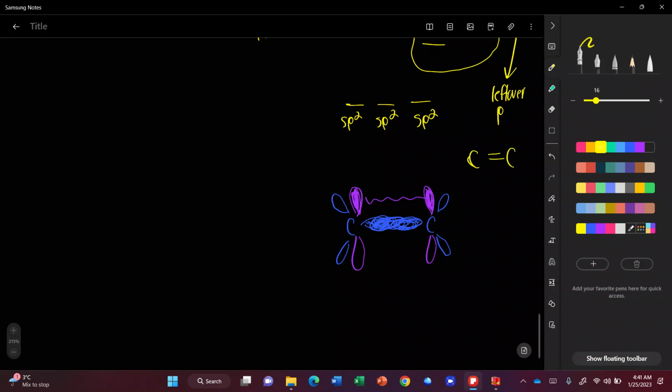The first bond is the sigma bond between the two sp2 orbitals, and the second bond is the pi bond between the remaining p orbitals. And the sigma bonds to hydrogen come from the bonds between the carbon sp2 orbitals and the hydrogen 1s orbitals.